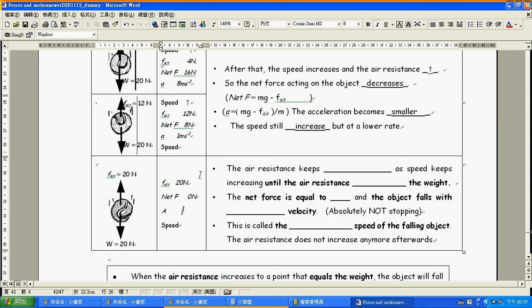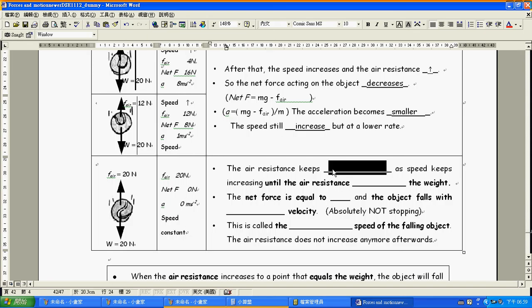So what happened to the acceleration? It will be 0 meter per second squared acceleration. So the speed, what will happen to the speed? It will become constant.